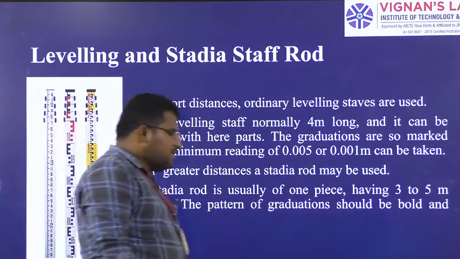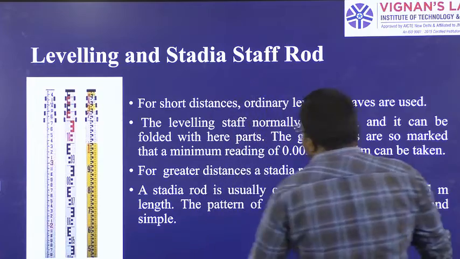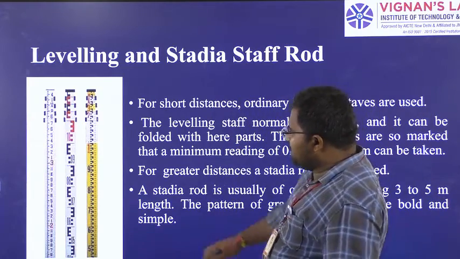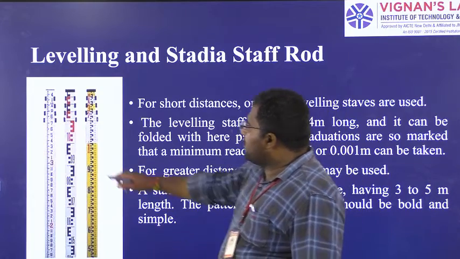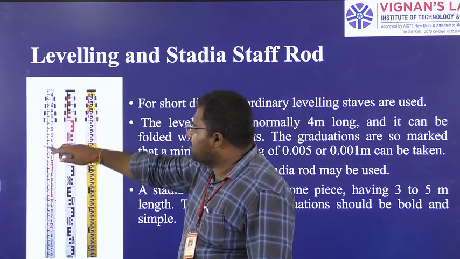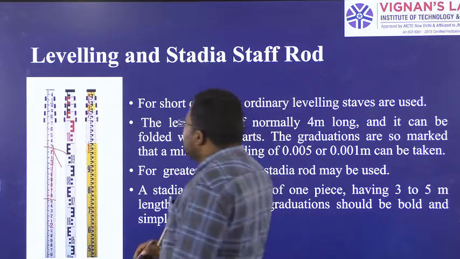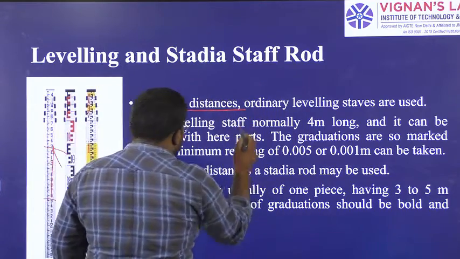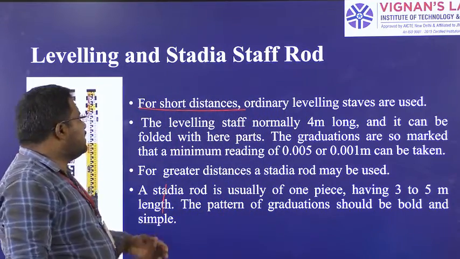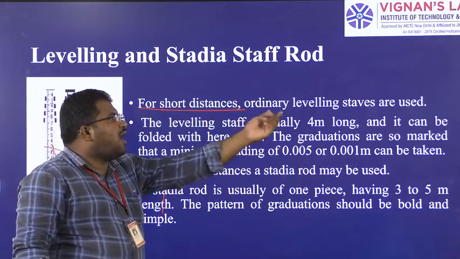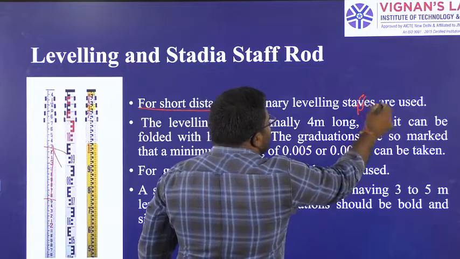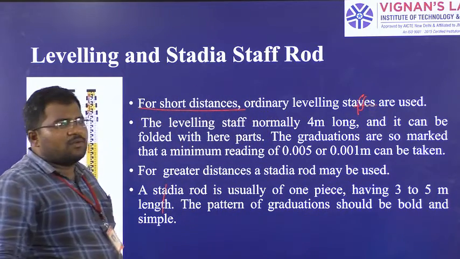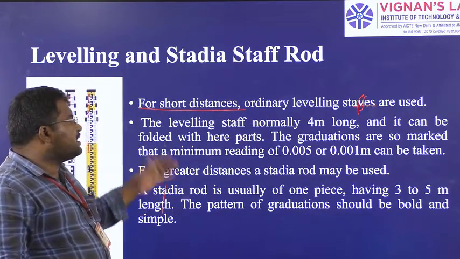Next, you can see the leveling rod or stadia staff rod. It will be similar to the level rod, the leveling staff. Here we are going to intercept this staff and note down the values. For shorter distance and longer distance we have two cases here. For the shorter distances, an ordinary leveling staff is used.